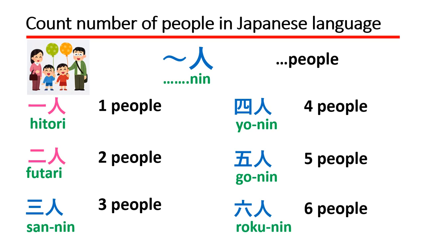For example, sannin and yonin, gonin, rokunin, which have the sound of nin after the number. And you have to remember the special sounds for one person and two people.